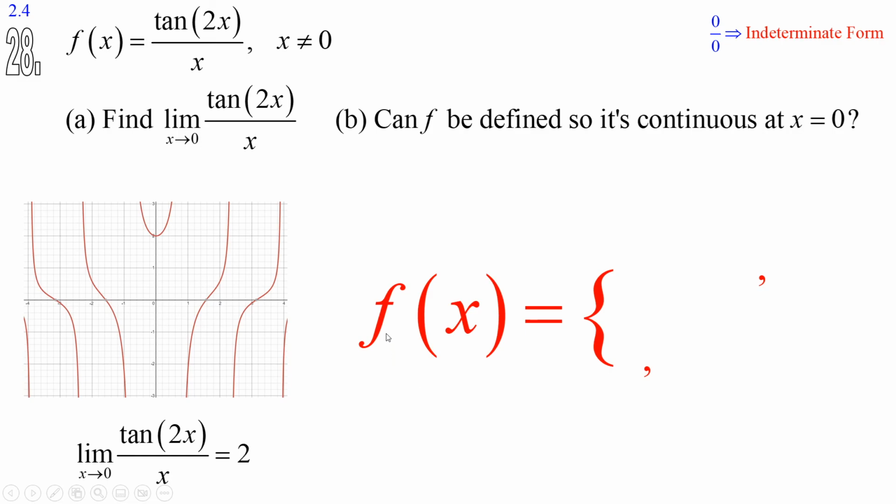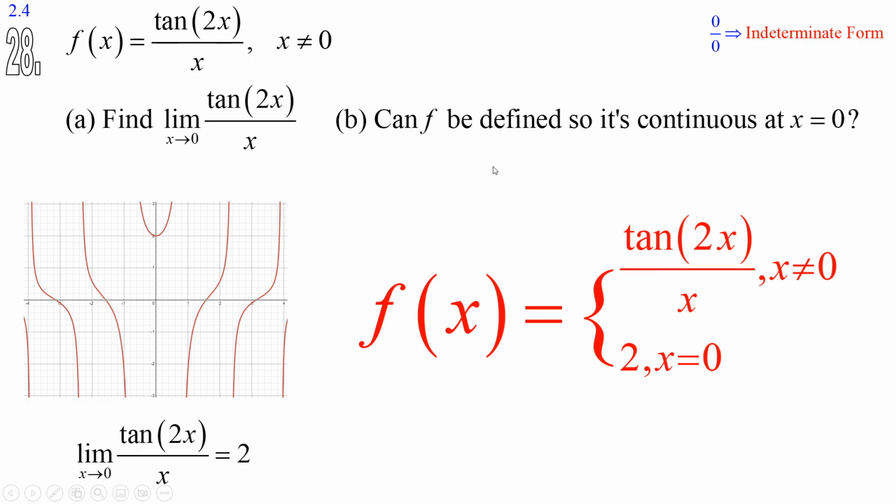So we're going to call this f of x equals tangent of 2x over x when x does not equal 0. Then plug the hole right here. So we're going to throw the constant 2 when x equals 0, and that is how we plug a hole or make a function that has a removable discontinuity continuous.